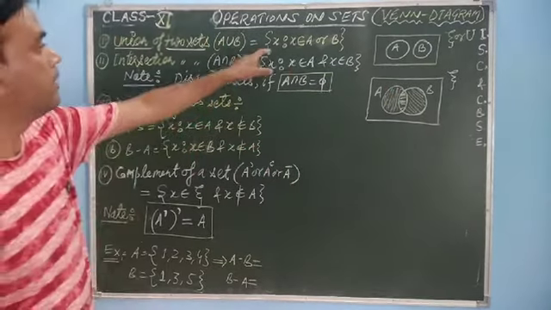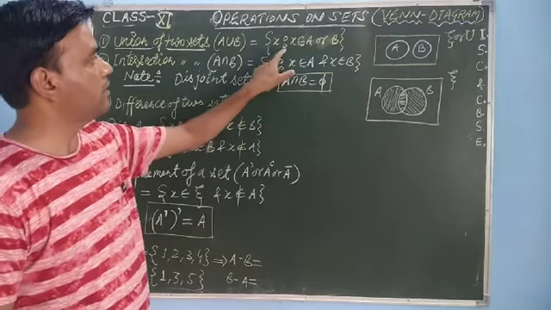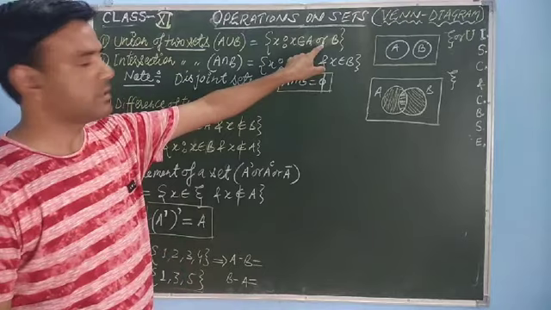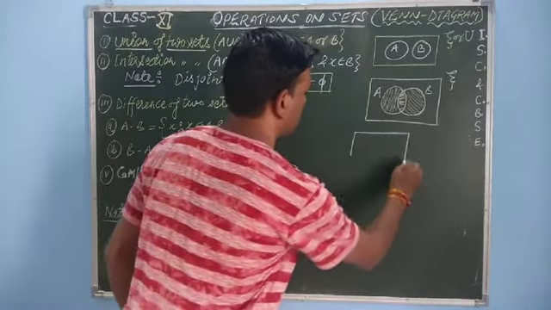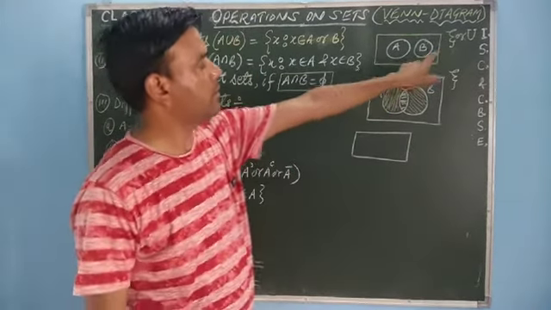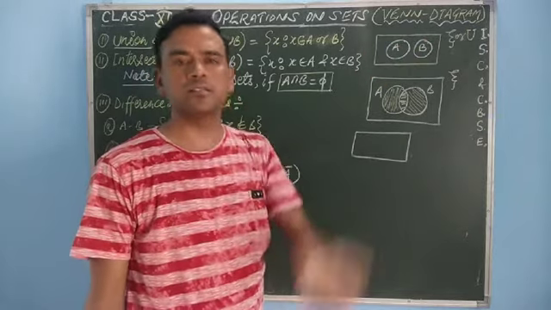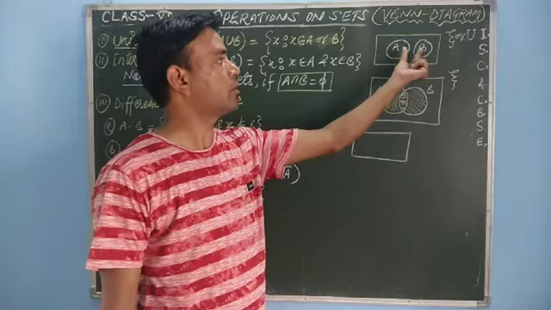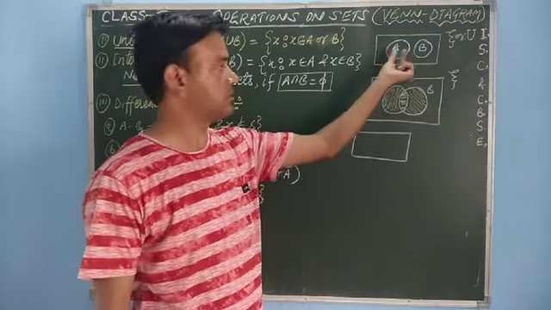In set builder form it is represented as: suppose X is an element of this set A union B, such that X belongs to A or B. So union represents OR. By a Venn-Euler diagram, you can represent this as follows. A Venn-Euler diagram basically represents a universal set by a rectangular box, and the sets, or you can say subsets under consideration, are put within this universal rectangular set, represented by ovals, or you can say ellipses or circles.